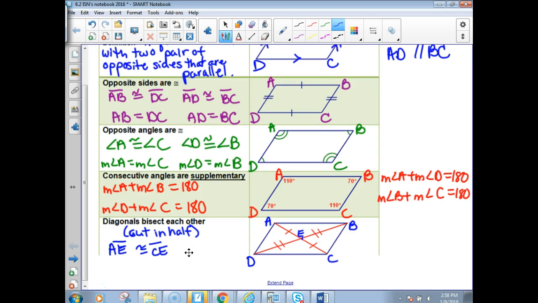And I'm not going to write that their measures are equal. We understand that we can go forwards and backwards with that. Segment DE is congruent to segment BE. And that's what the slashes are showing.